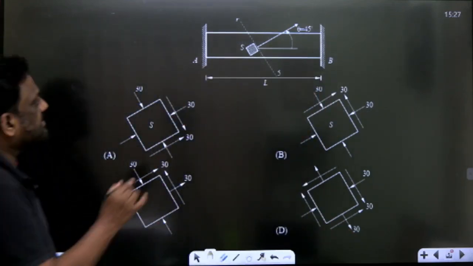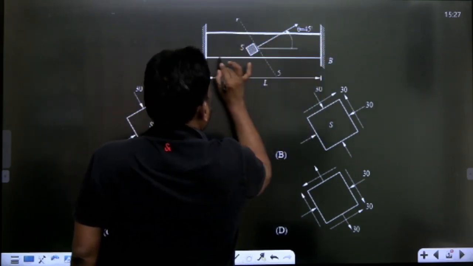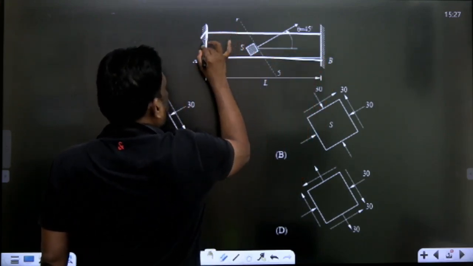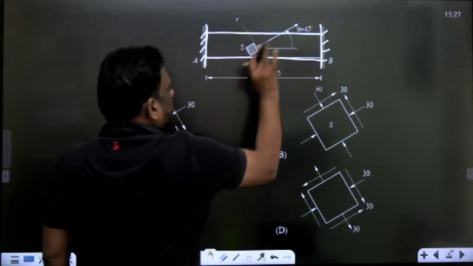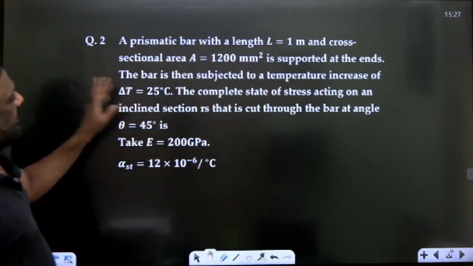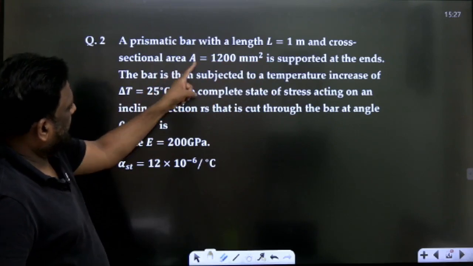Actually, this is the bar, sir. This is a good question. The diameter is given, and it is supported between rigid supports. Now it is subjected to a temperature difference of 25 degrees centigrade. The length is given as 1 meter and delta T and area are given.